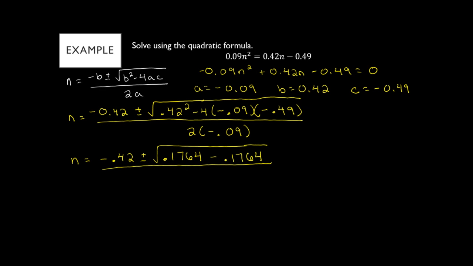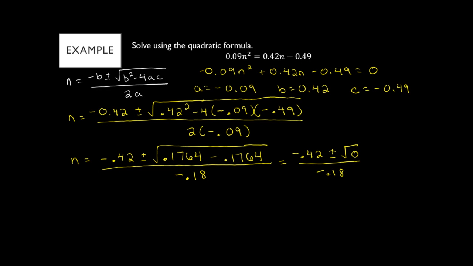The denominator, 2 times negative 0.09, is negative 0.18. So I'm going to go to the right here. We have negative 0.42, and we're going to get plus or minus the square root of 0. And the square root of 0 is just 0.